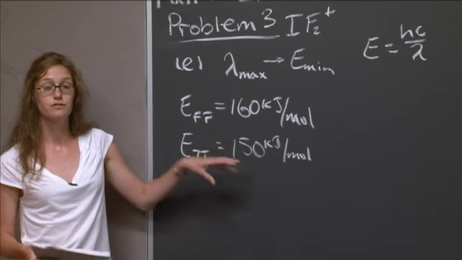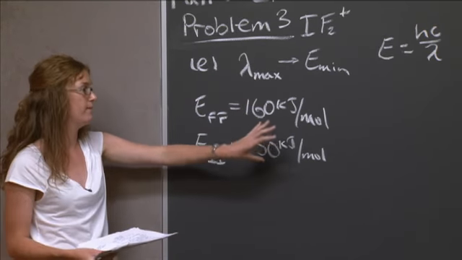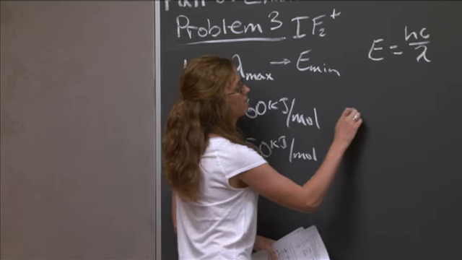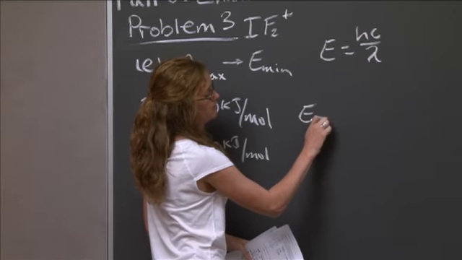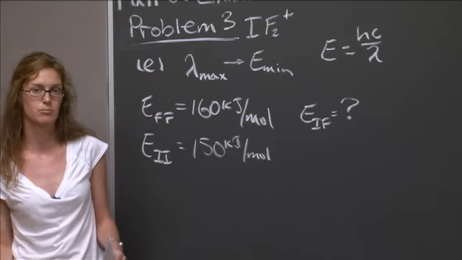And in order to find the wavelength that will break the IF bond, we need to know the energy of the IF bond, right? That's what we're working towards in this problem.